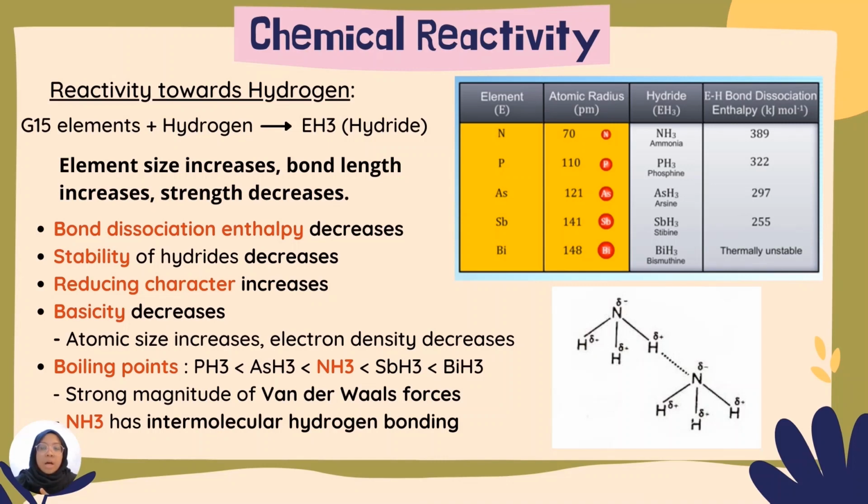Nitrogen becomes more electronegative as it gets a partial negative charge, and hydrogen gets a partial positive charge. So they tend to form intermolecular hydrogen bonding with other molecules of ammonia. So we need more energy to break the bond. So that's why the boiling point of ammonia increases.